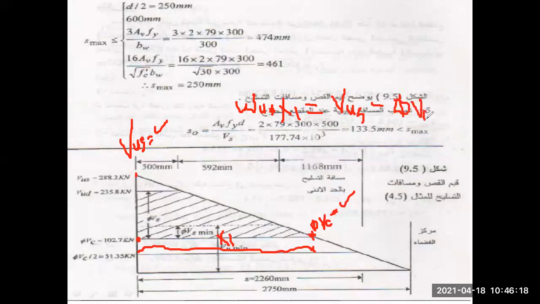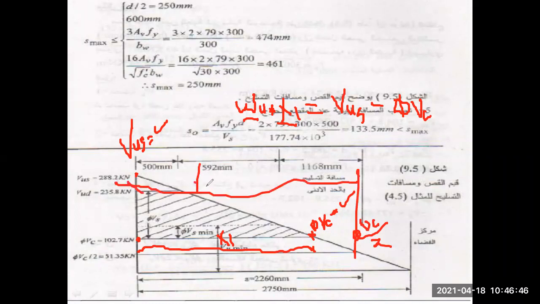Because I told you that this W times the distance would mean the difference between Vus and Vc, if the distance is for Vc. If the distance represents Vc over 2, if we label it as S2, this would be X2, okay? So how can we calculate X2?